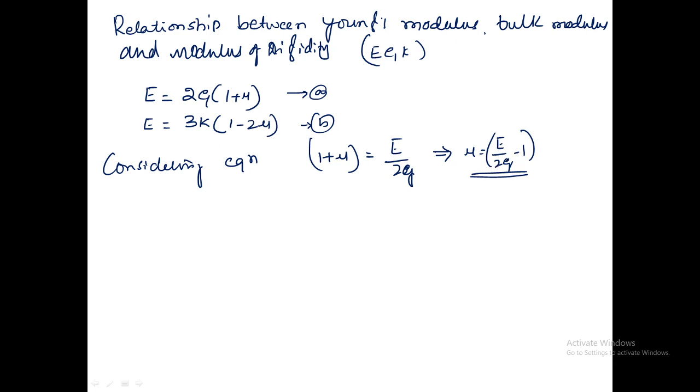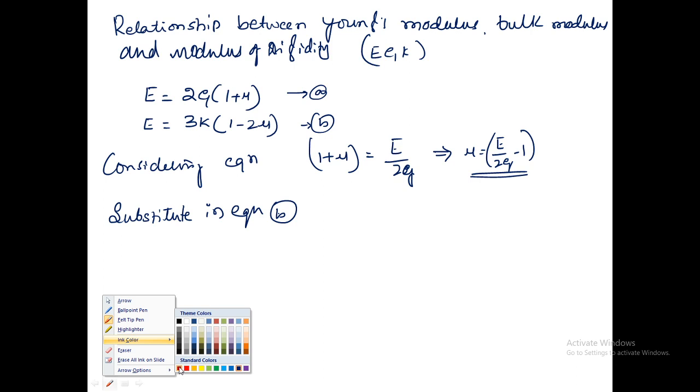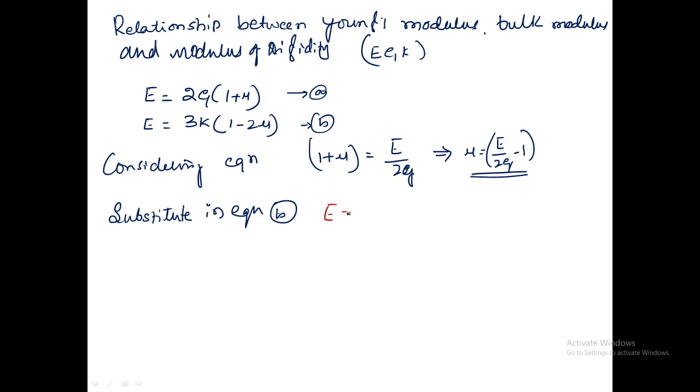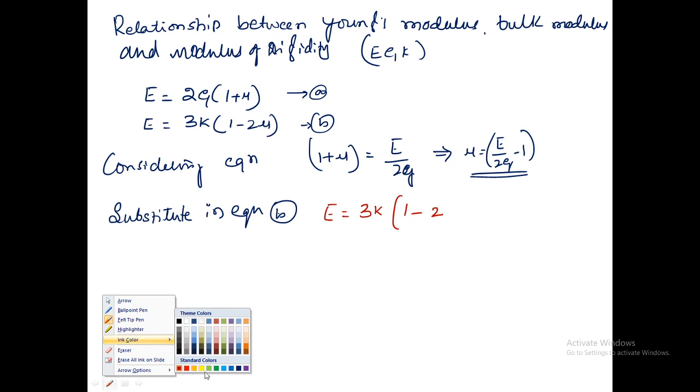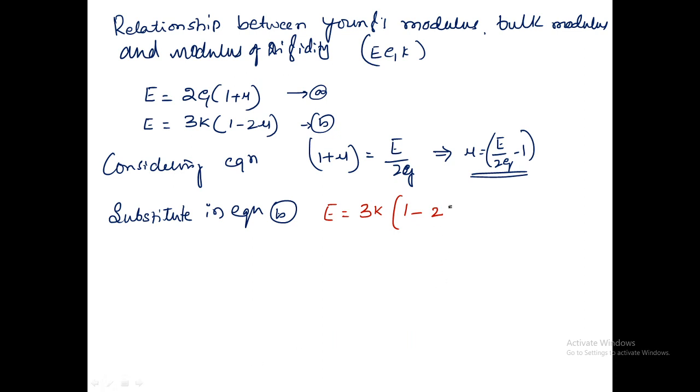Now let us substitute this in equation B. What is equation B? E equal to 3K in bracket 1 minus 2 mu. Now I will substitute the mu value here, which is E divided by 2G minus 1.